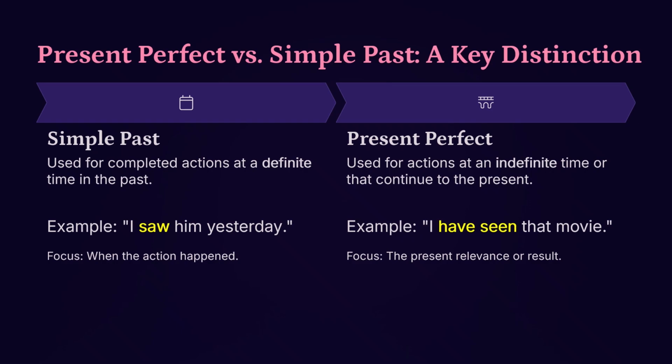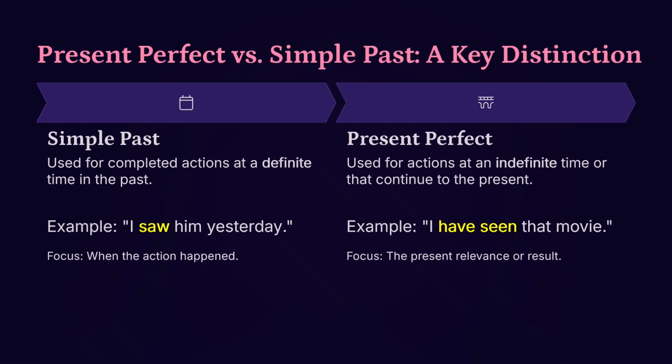Let me tell you something important. Sometimes people get confused between the present perfect and the past simple. But don't worry. Here's the trick. Use the past simple when you talk about the specific time in the past. Be careful. A specific time in the past. For example, I saw him yesterday. We know the time when it happens. Yes? But use the present perfect when the time is not important or it affects now.